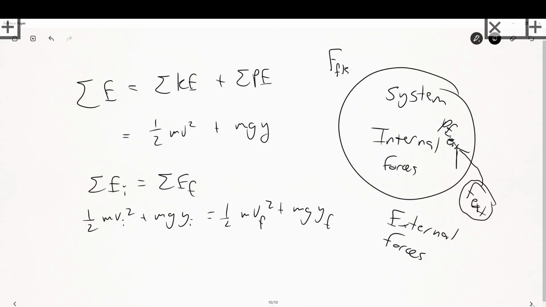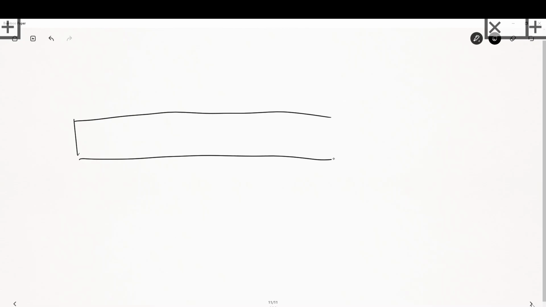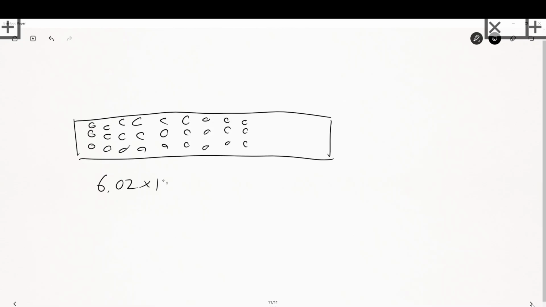One of the reasons for this is that the frictional force fundamentally is a result of the vibrations of many multiples of Avogadro's number worth of atoms in surfaces. A typical macroscopic piece of material has something like some multiple of 6.02 times 10 to the 23rd atoms in just a few grams of material.